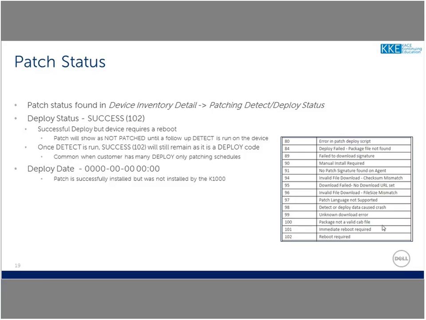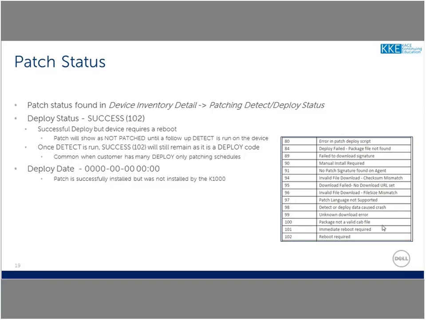That simply means the K1 detected the patch was already present, but the K1 wasn't the mechanism that deployed that patch to that particular computer. It might have been installed manually by the user or by a technician, or installed by Windows Update or some other process, an auto update feature of some kind, or maybe you have WSUS or whatever. It means the K1 detected that it's already installed, but the K1 wasn't the system that deployed it onto that particular device.